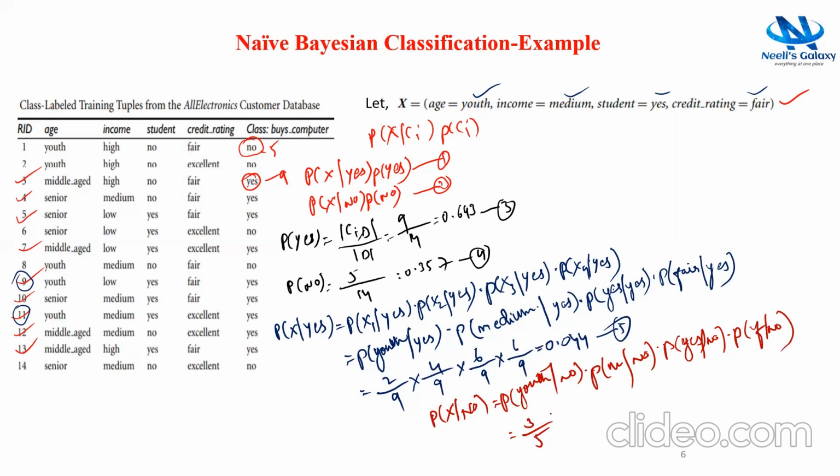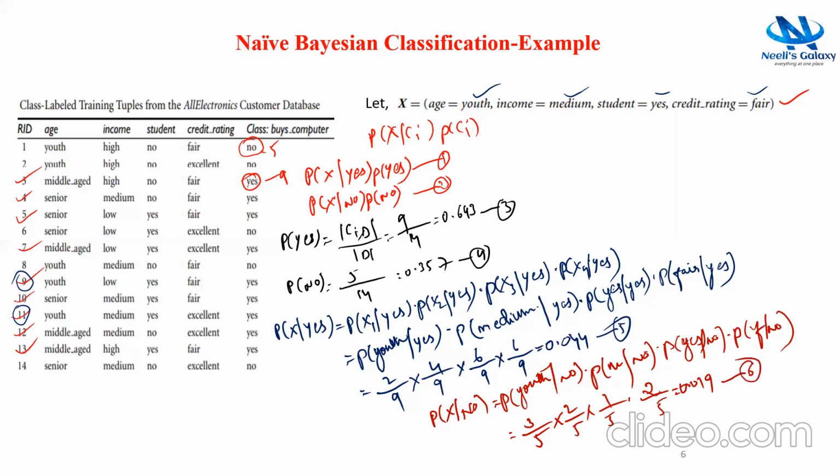If you observe from the example, 3 youth are there, and similarly out of 5, 2 medium are there, out of 5, 1 student S value is there, and out of 5, 2 tuples have the credit rating as fair. So which is nothing but 0.019. Let's say this is value 6.